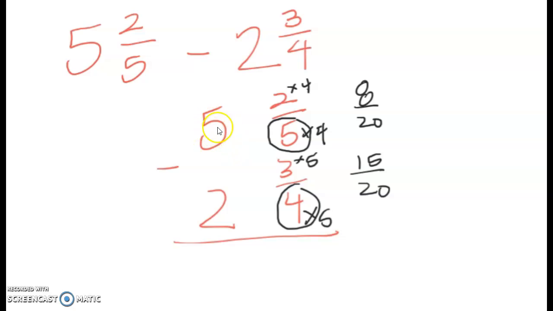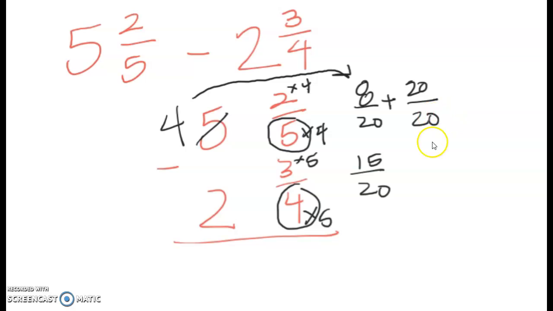Okay, so here's the trick. What's my denominator? How many are in one whole? How many 20ths are in one whole? If I take away a whole, I send it next door. How many am I sending next door? I have to tell myself, well, 20/20 makes a whole.